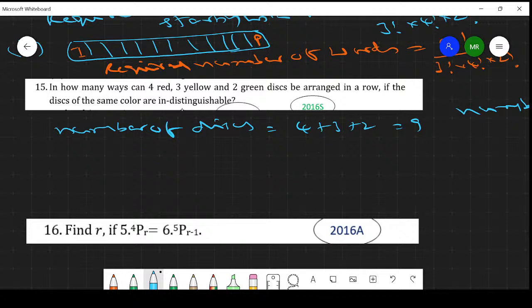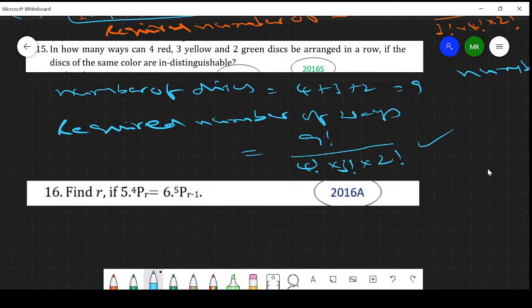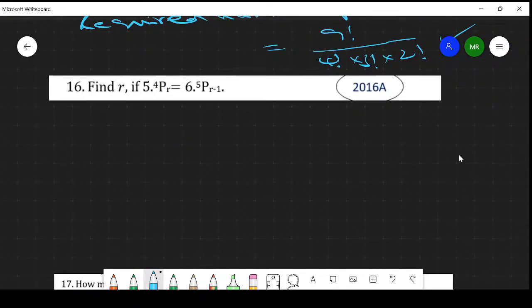Since discs of the same color are indistinguishable, the required number of ways equals 9 factorial by 4 factorial for the red discs, 3 factorial for the yellow, into 2 factorial for the green. Simplify it, that's all. If your time is there, you can simplify. That is how we solve the problem.